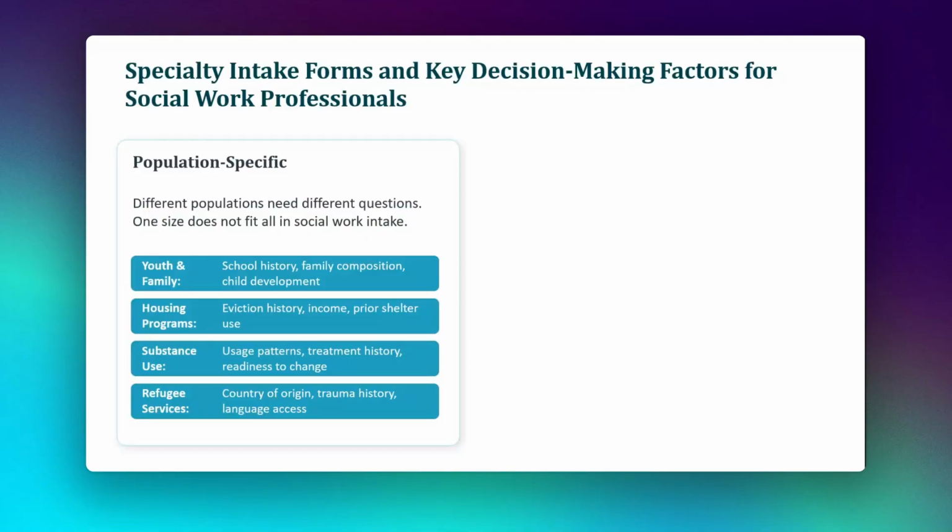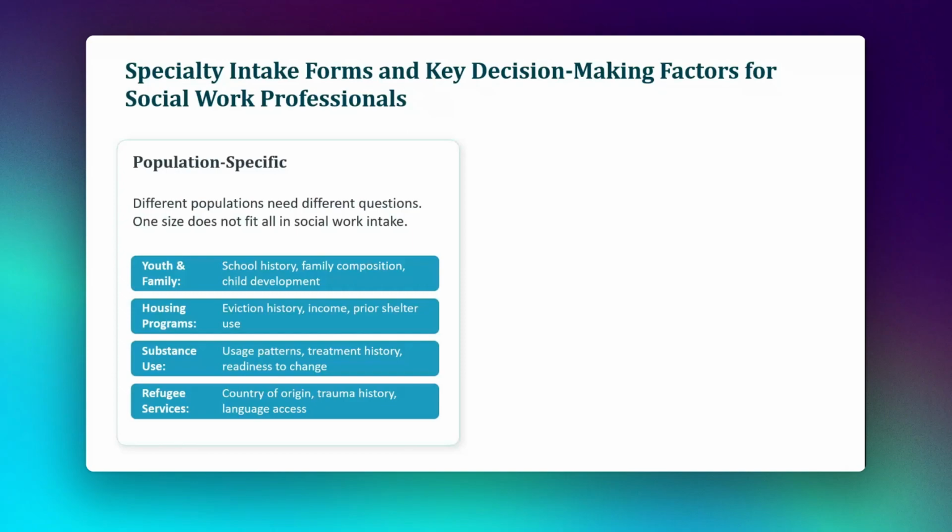If you serve a specific population, your intake form should reflect that specificity, not just pull questions from a generic template. If you're working with refugee services, also pay attention to the language or languages your forms need to be presented in. Many organizations that use our services will have both an English and a Spanish version of the same form.